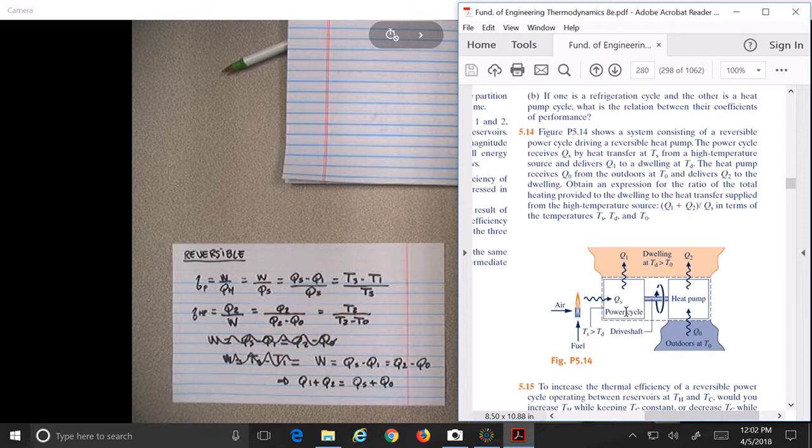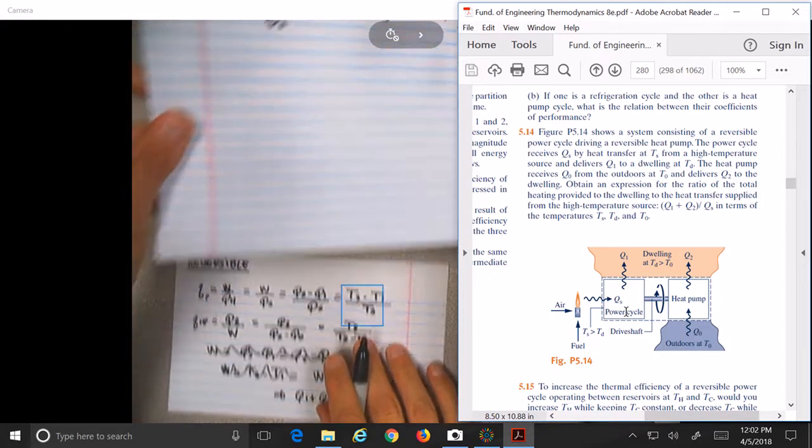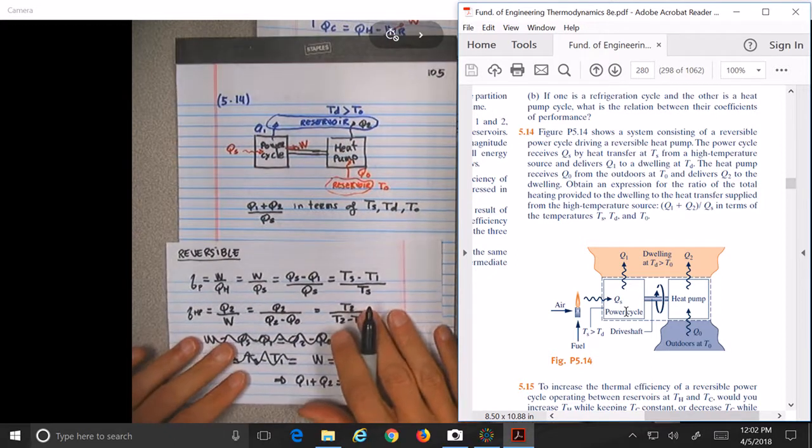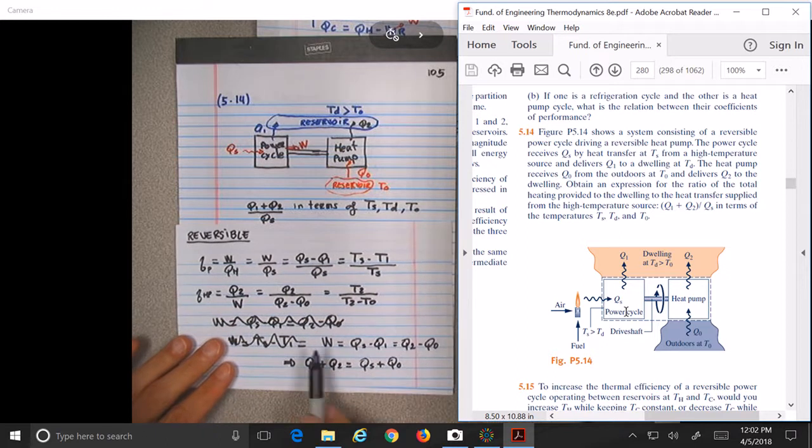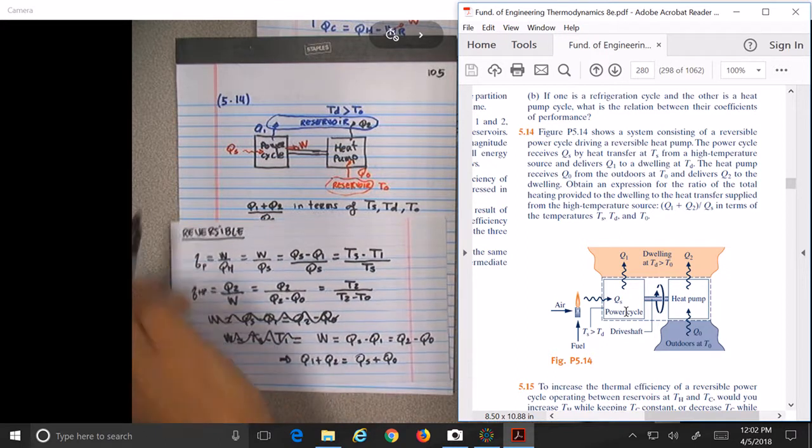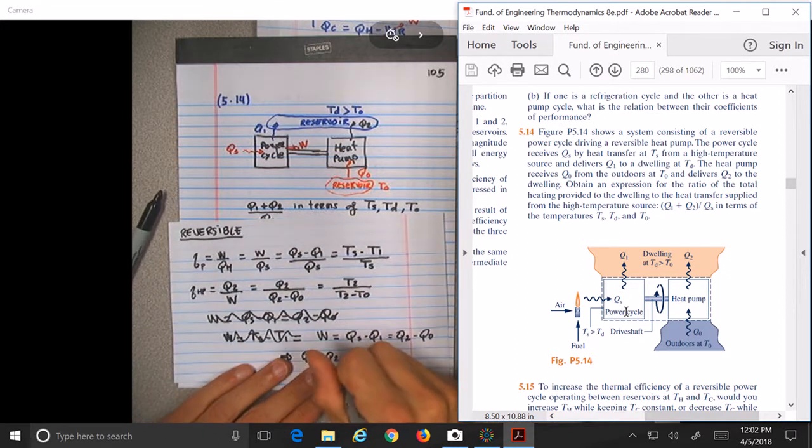So does that help a lot, or no? So I guess what is TD? So okay, alright, if I do this now, what would I get? I would get Q1 plus Q2, and I'm kind of thinking this should be proportional to TS plus T naught, no?